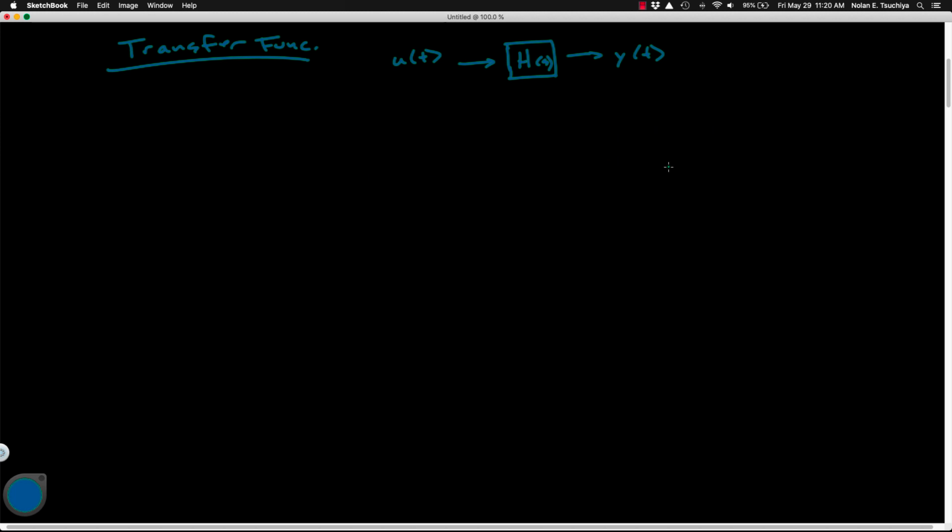Now the definition for the transfer function itself goes like this. The transfer function h of s is defined to be the Laplace transform of the output divided by the Laplace transform of the input, like so.